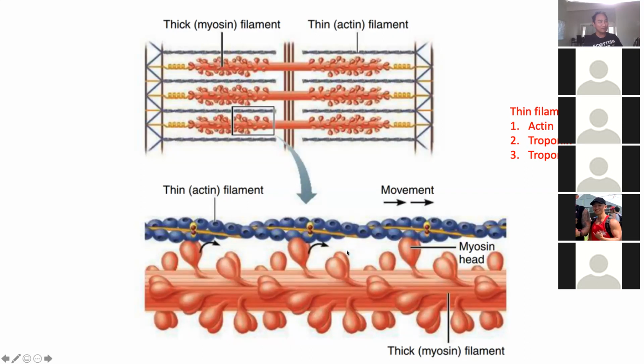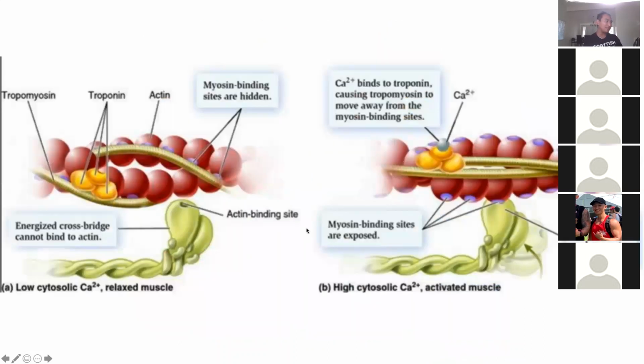If we look more carefully here, actin is thin and slim, and we can see this little yellow line and beads. Let's look at what they are. This is the myosin head, and this is the actin. Actin has little bubble spaces, which are the places for the myosin head to come and attach to actin.